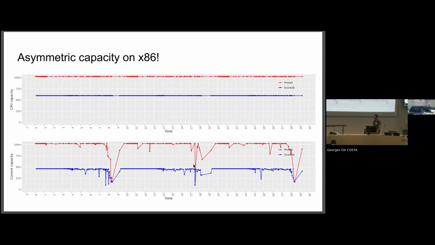But when we look at how that capacity is scaled in frequency, we see that the P core is correctly on the 1024 line. However, after scaling for frequency, the E core capacity is under 500, whereas it should have been over 600. The reason for this is that we are not doing the frequency scaling correctly on hybrid processors.